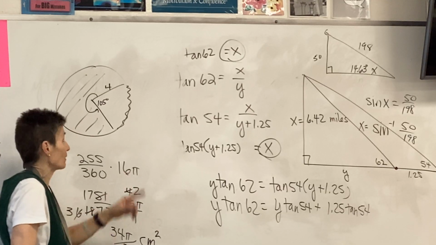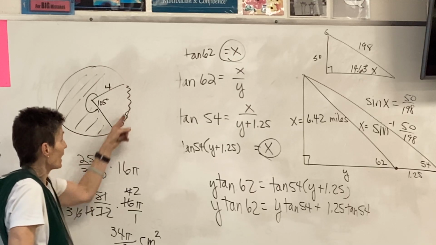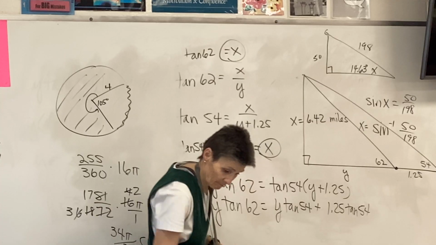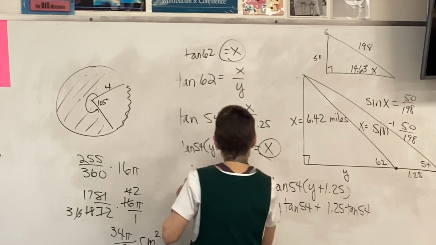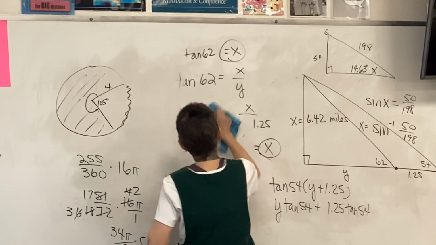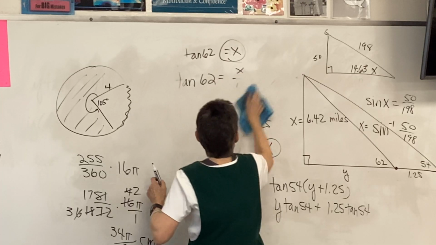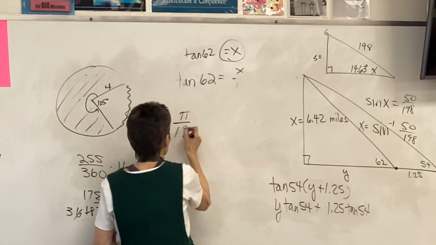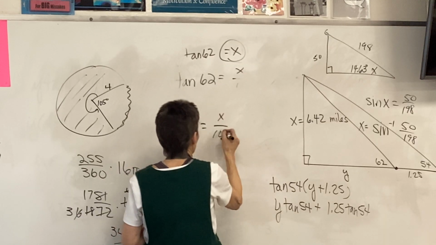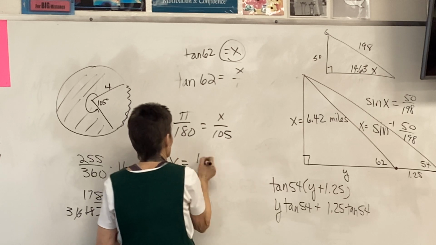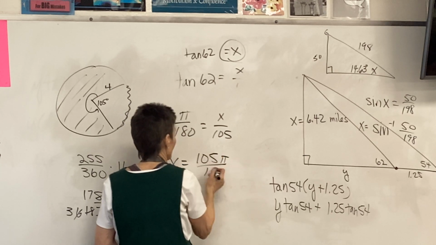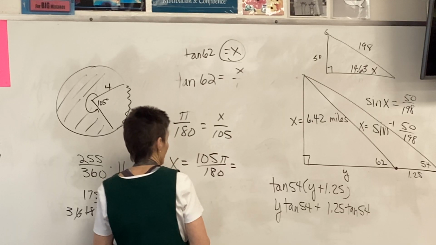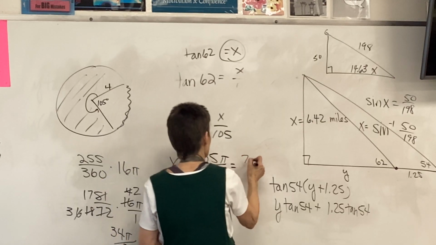Now we want the short arc. We want that arc. So what are we gonna do to find arc length? Radius times radians. So we're gonna need to get that angle into radians, but that's easy. Pi over 180 equals something over 105. 7 pi over 12.